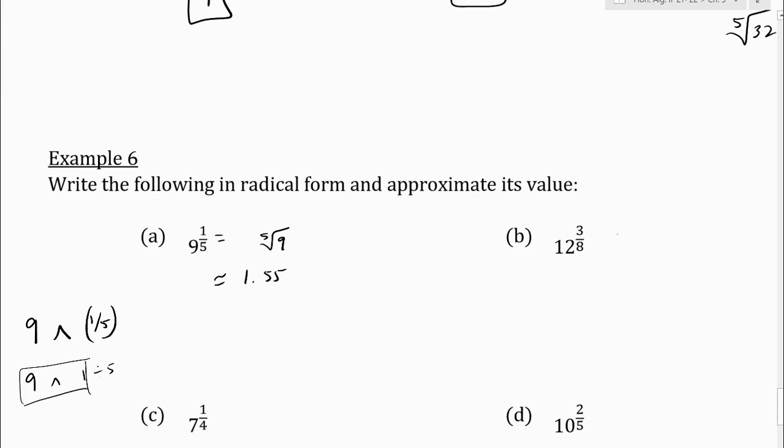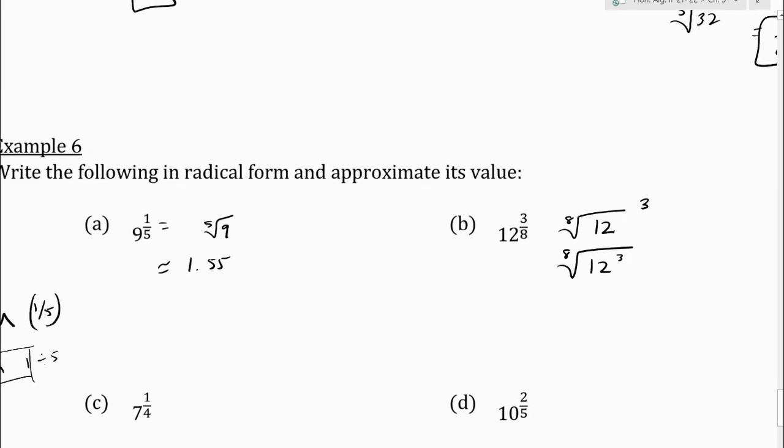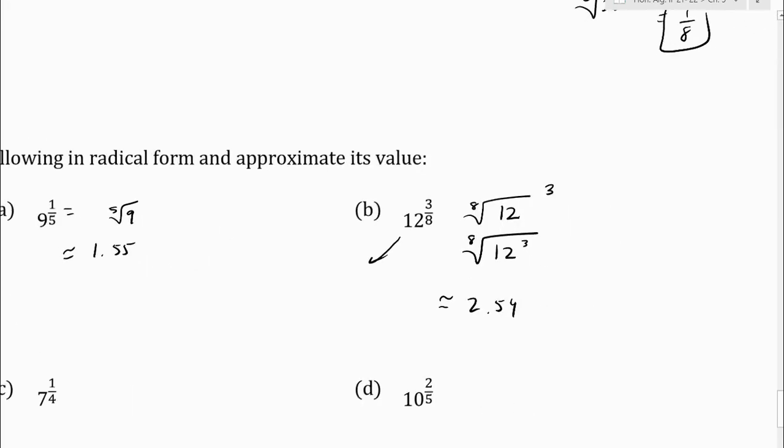Okay, this is the principal 8th root of 12 that gets cubed, or the principal 8th root of 12 cubed. Okay, let's approximate it. 12 raised to the 3/8. It's about 2.54. Let's see. 12 cubed.